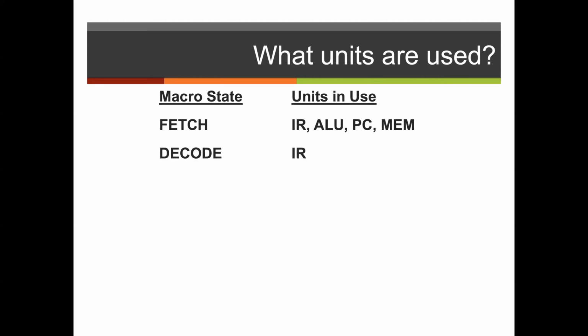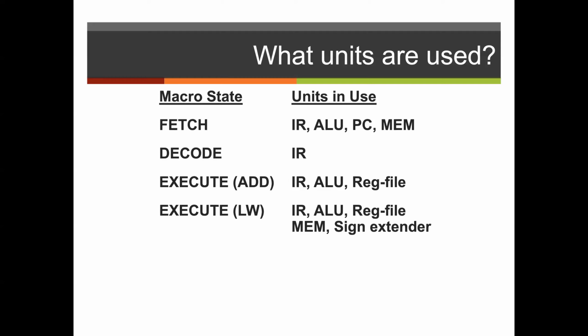For decode, we'll just need to make use of our instruction register. For execute, when we're considering an add, we're going to make use of our instruction register, our ALU, and our register file. For execute where we're loading, we'll make use of everything required for our execute add, but also need to make use of memory as well as a sign extender.